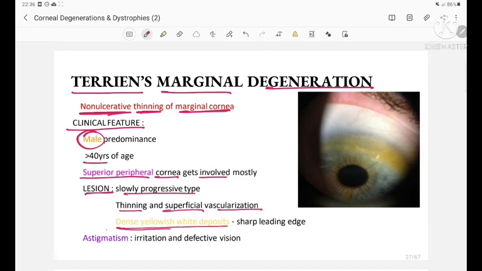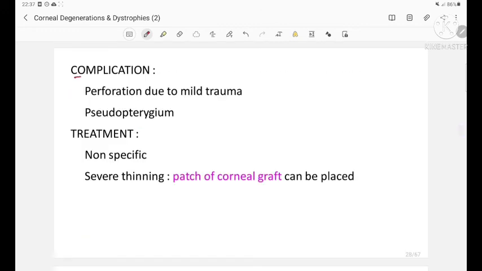Dense yellowish white deposits are seen at the sharp leading edge, and there is astigmatism, due to which there is irritation and defective vision. The complications of Terrien's marginal degeneration are perforation due to mild trauma and pseudopterygium. Treatment is non-specific. If there is severe thinning, a patch of corneal graft can be placed.